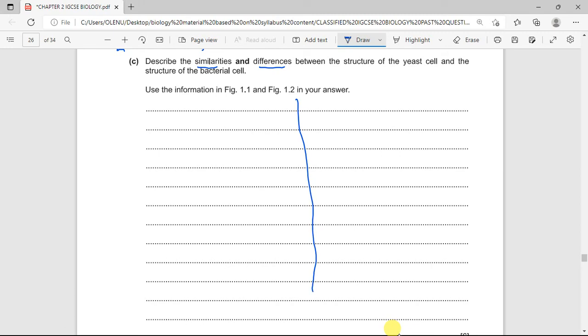If you want to look at it, I can decide to write similarities and my differences.